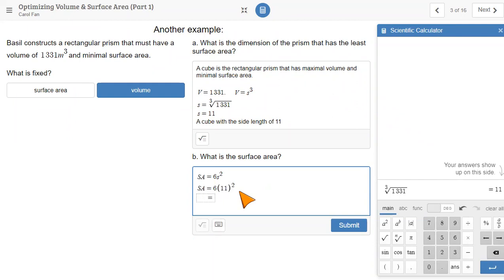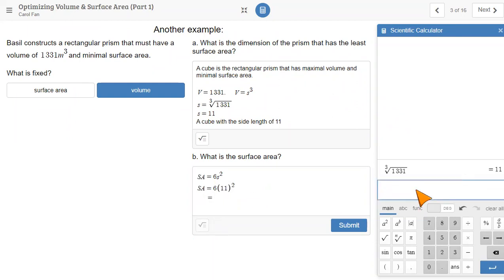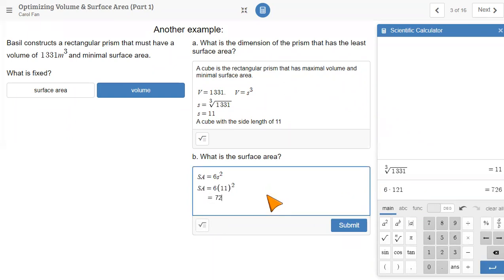And we have 726 meters squared. So once again, I'm just going to give a reminder, be very sure what units you're in. Surface area is 2 dimensions, so we have meters squared here.